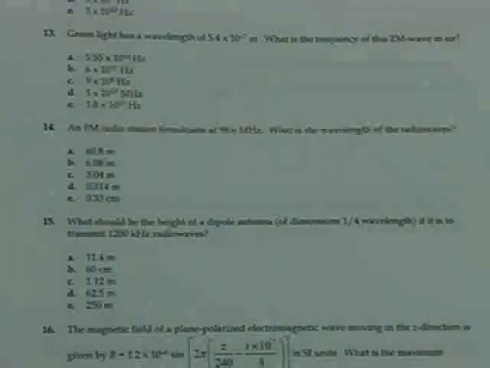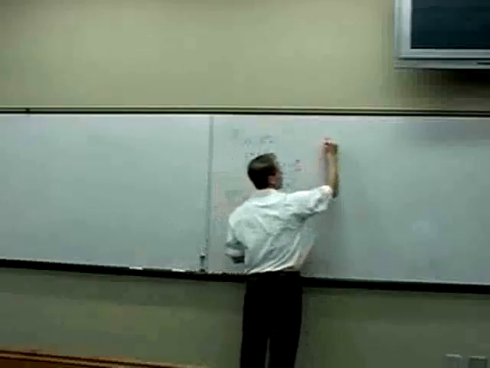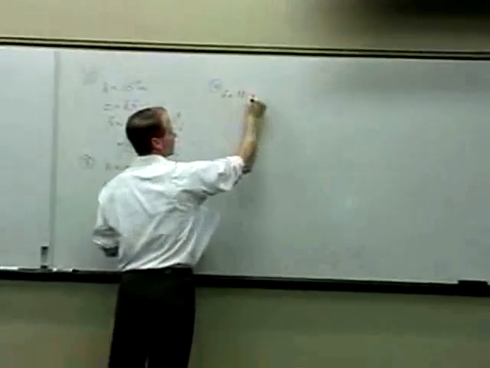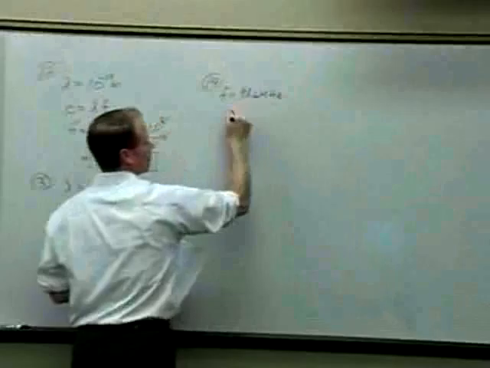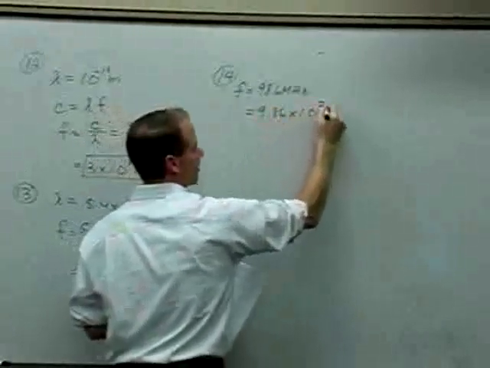14. An FM radio station broadcasts at 98.6 megahertz. What is the wavelength of the radio waves? Well, we're given the frequency, 98.6 megahertz, which would be 9.86 times 10 to the 7 hertz.